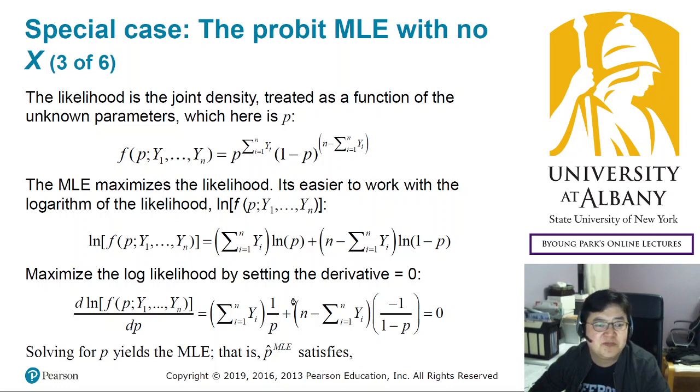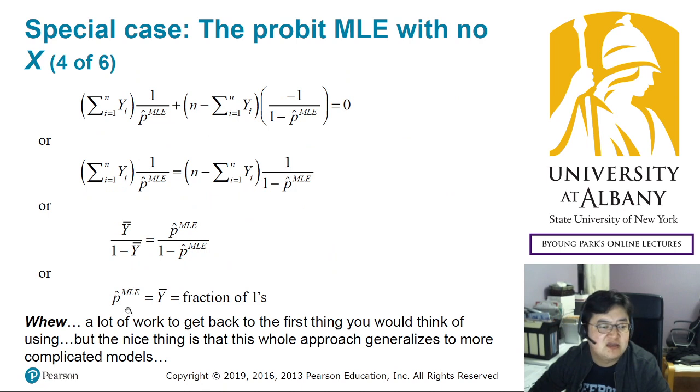Solving for p, in the end p equals y bar, which is the sample mean of heads and tails: how many heads you obtain from 100 trials. That is your estimator. So after the maximization, the estimator is the natural estimator.